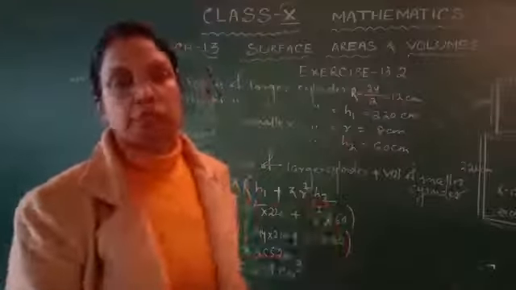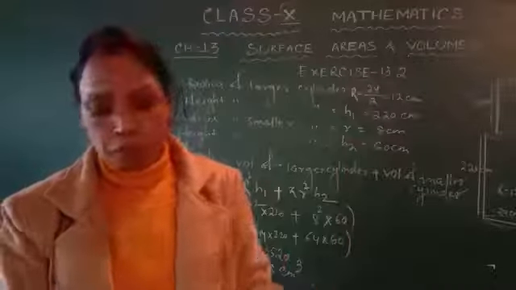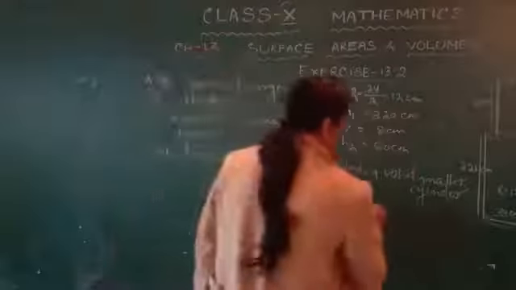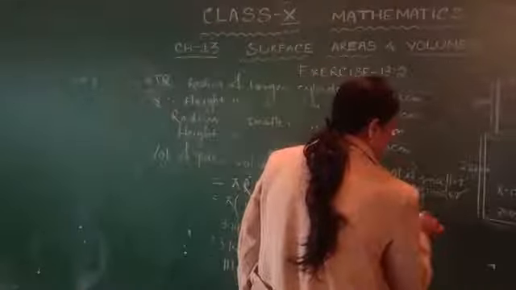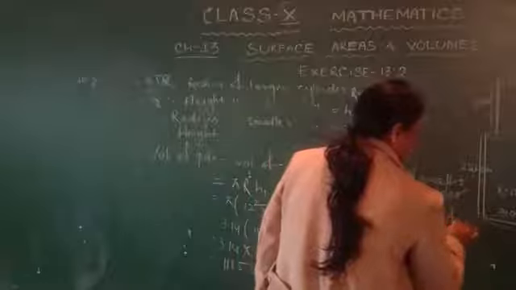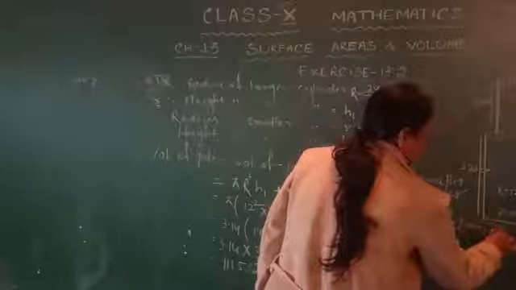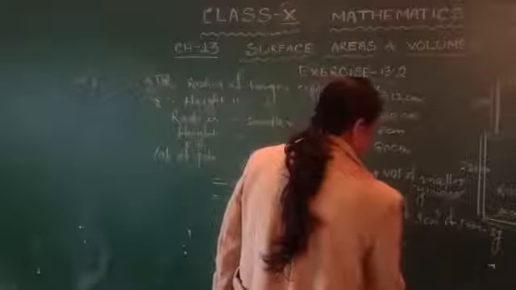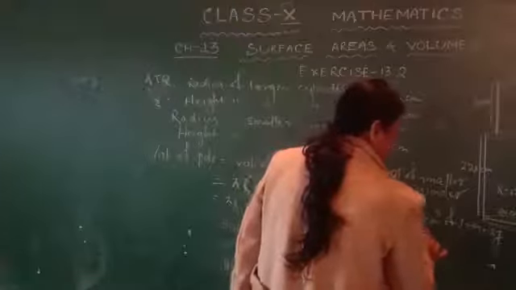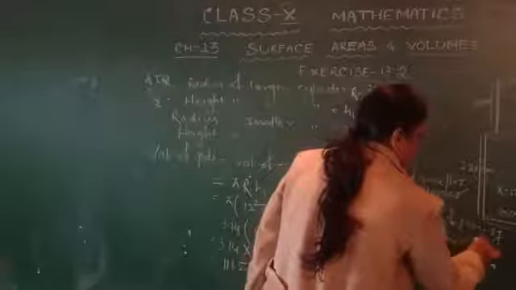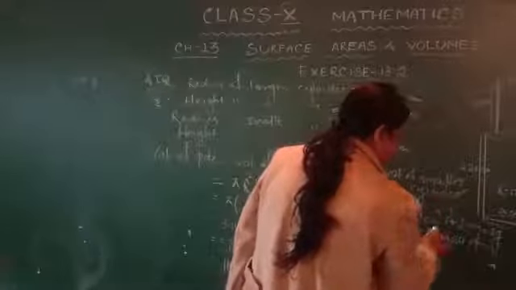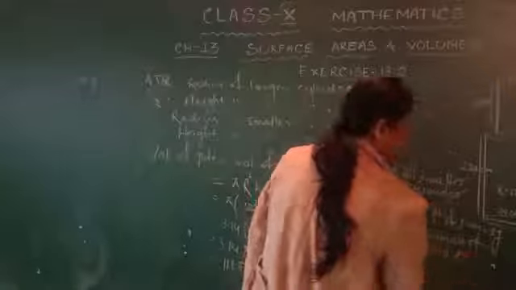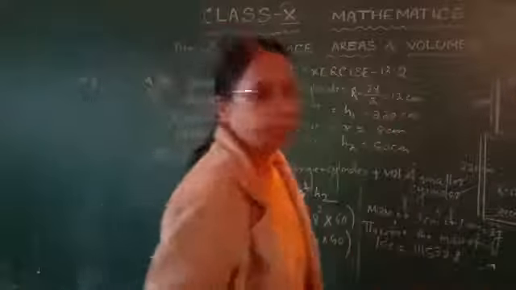But again the question says find the mass of the pole. So according to our question, the mass of 1 centimeter cube of iron is equal to 8 gram. Therefore the total mass of the pole is equal to 111,532.8 into 8 gram.